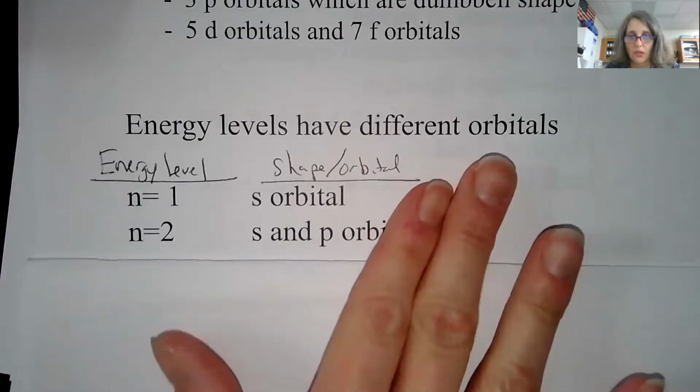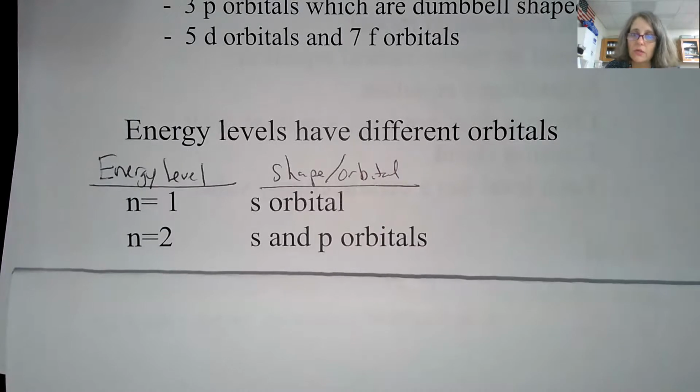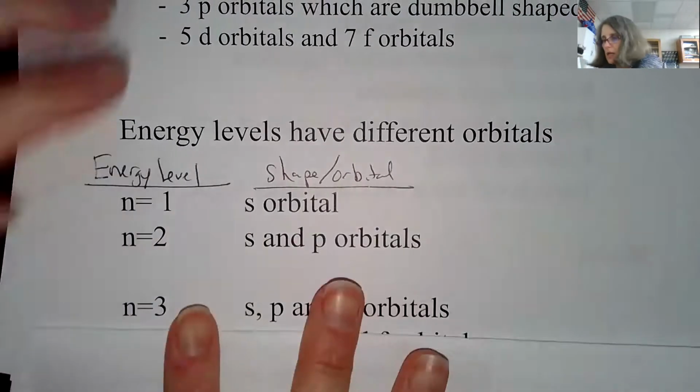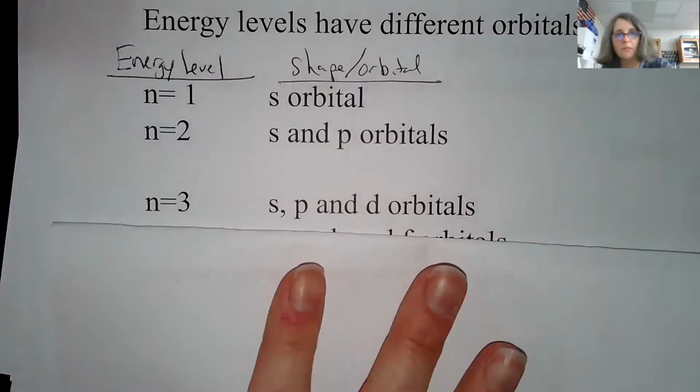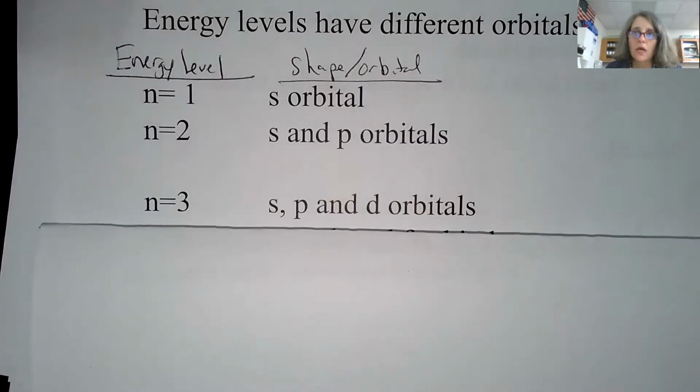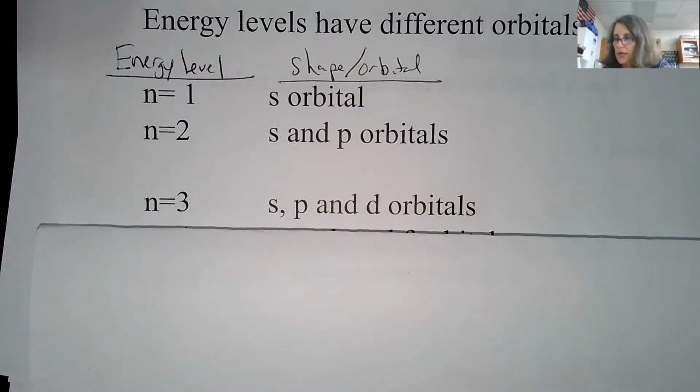Energy level 2 is s and p orbitals. Those again are in the second circle, if you think of it. So it is further out than the first energy state. So now we have spheres and we have those dumbbell shapes. Third would be s, p, and d orbitals. Again, they would all be outside that second energy state, so they'd be in the third energy state.